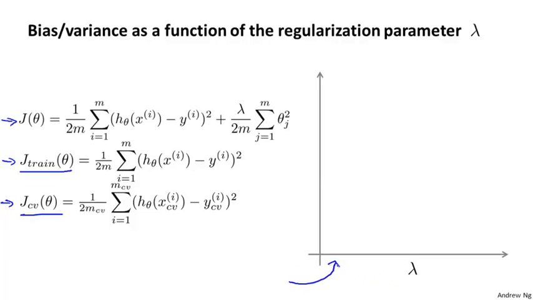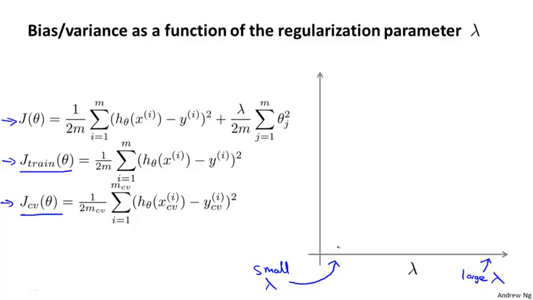So as we saw earlier, if lambda is small, then we're not using much regularization, and we run a larger risk of overfitting. Whereas if lambda is large, that is if we were on the right part of this horizontal axis, then with a large value of lambda, we run a higher risk of having a bias problem.